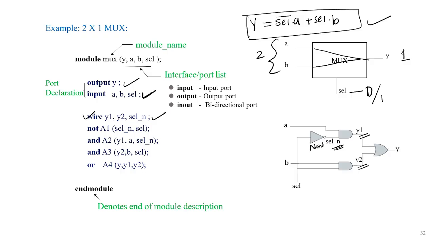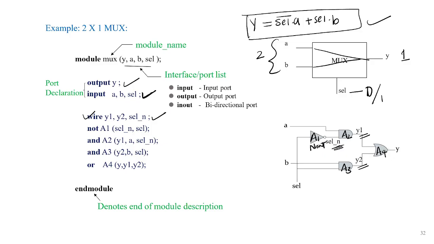Now this is a not gate. I am giving the instance names as a1, a2, a3, and a4 for the gates. I am using the gate level primitive not, and my instance name is a1.